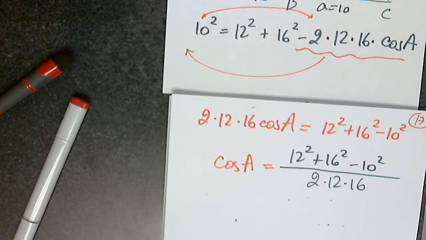Okay, close the parenthesis, not there, of course. Here. And divide by parentheses. Don't forget parentheses. 2 times 12 times 16.